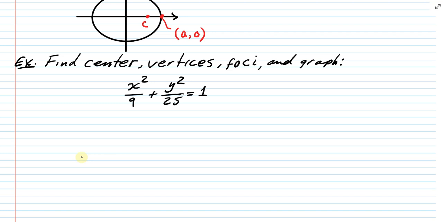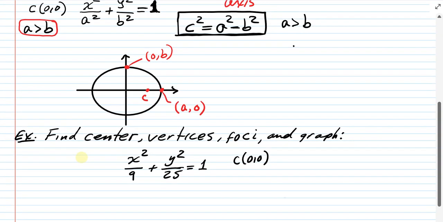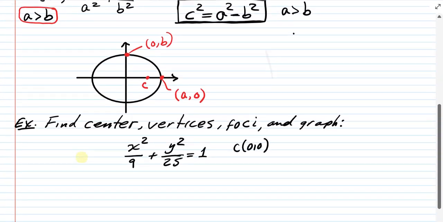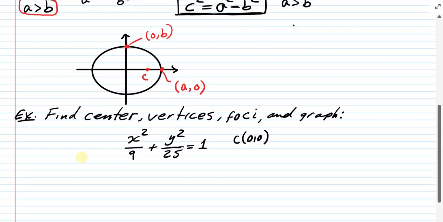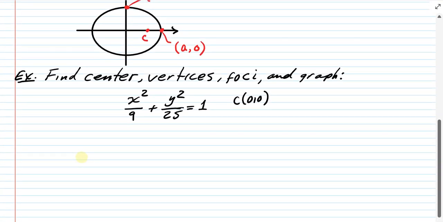Okay. Now this one has center at 0, 0 because of the way it looks. And by the way, the more general form, where the center is not at 0, 0, I'll give to you in just a moment. So for this one, center is at 0, 0. And in this case, notice 25 is bigger than 9, right? Whichever denominator is greater, this is important, folks, that's going to be your a squared.